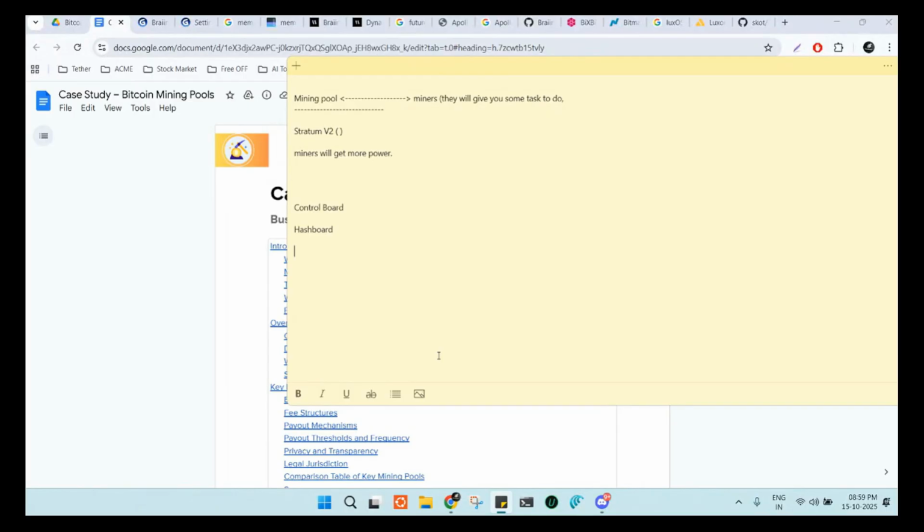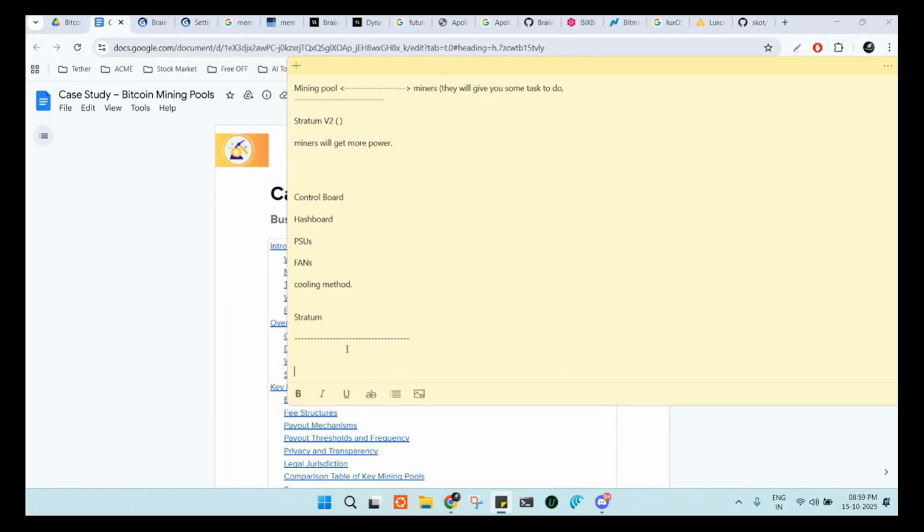Control board, hash board, PSU, fans or cooling method, and Stratum. If you know these basic things, that is more than sufficient for a fresher.